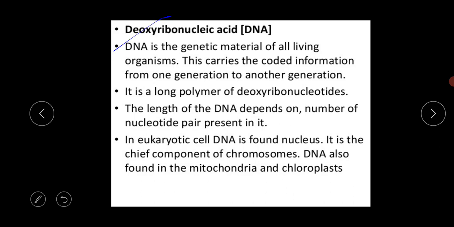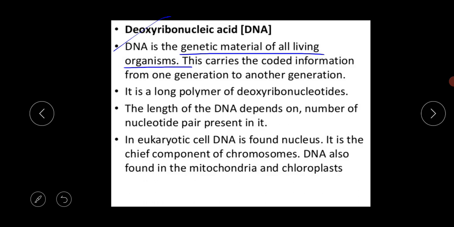The next slide contains the structure of the DNA, deoxyribonucleic acid. All of you know that DNA is one of the most important genetic materials of living organisms. DNA acts as the genetic material in most of the organisms. And what is the basic function of the DNA?